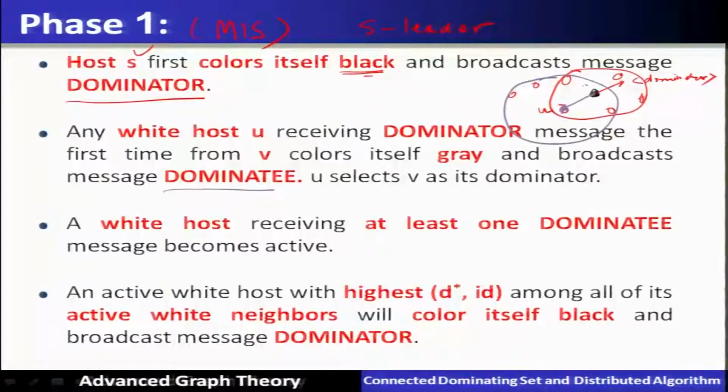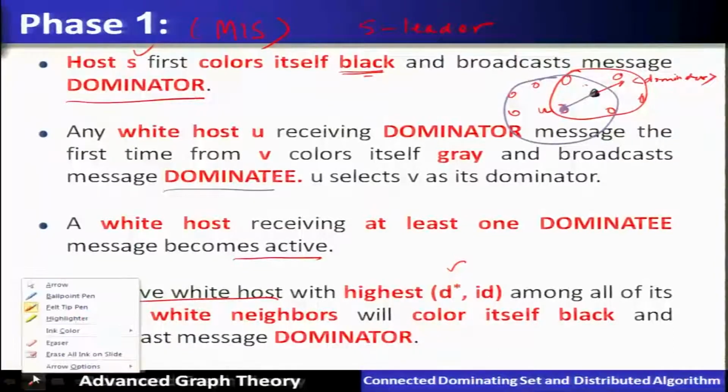Now, these white nodes, when they receive this particular message, become active. The active white hosts with the highest effective degree D star among all its active white neighbors will color itself black and broadcast dominator.